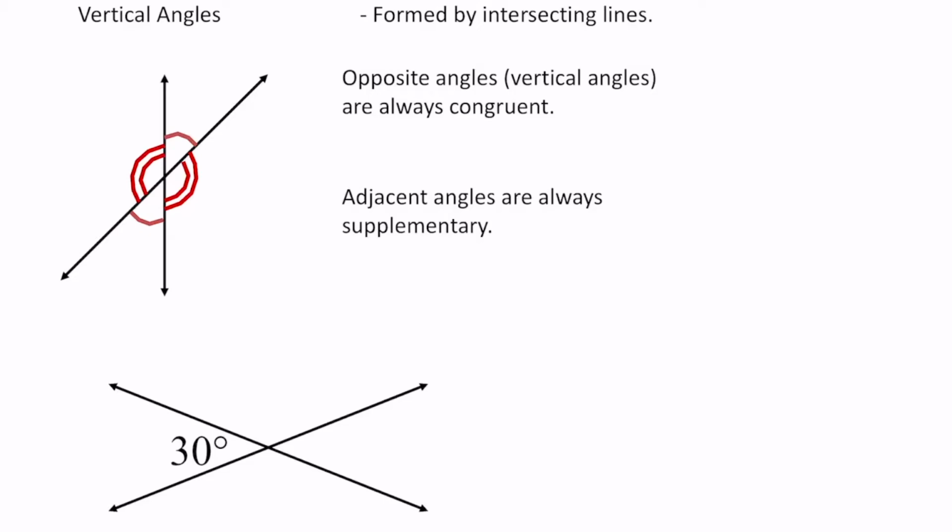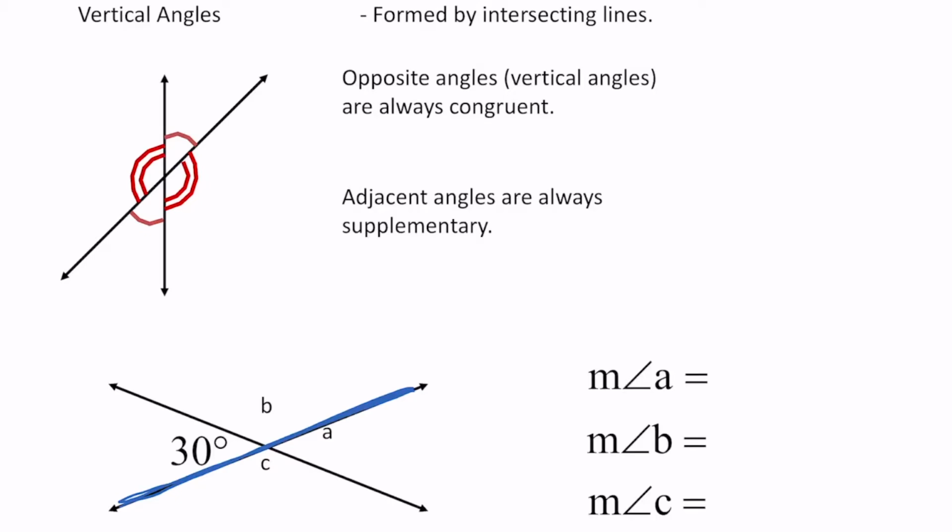So right here, we have a 30-degree angle. And if you have two intersecting lines and you have the measure of one angle, you can find the measure of the other three angles pretty easily. And let's say we didn't even know that opposite angles are always congruent. Well, what we do know is that a straight line is 180 degrees, right?